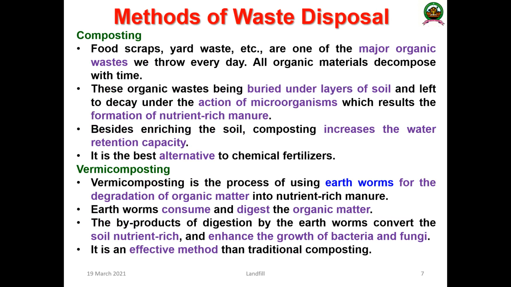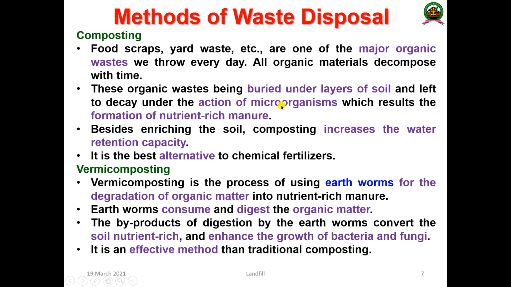The food scraps or yard waste, etc. are the major types of waste material which are thrown every day in our routine life, and these waste materials decompose with time. This waste material is buried under layers of soil and left to decay under the action of microorganisms, which results in the formation of nutrient rich manure, known as compost, and that can be used as a fertilizer.